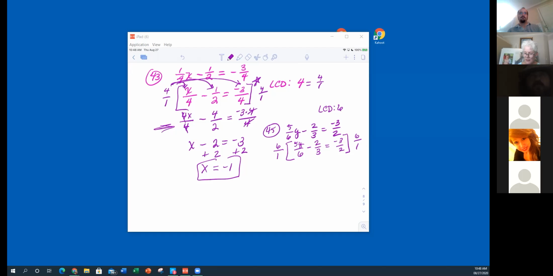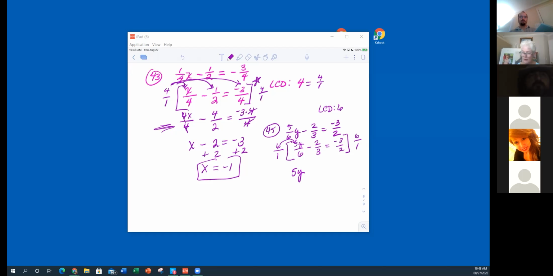If I want to, I don't have to write all that out, because when I multiply these 2 together, what's going to cancel? The 6's, right? What am I going to be left with? 5y. You can't read my handwriting. That's 5y, right? Everyone see how that happened? The 6's canceled, and I just get 5y.